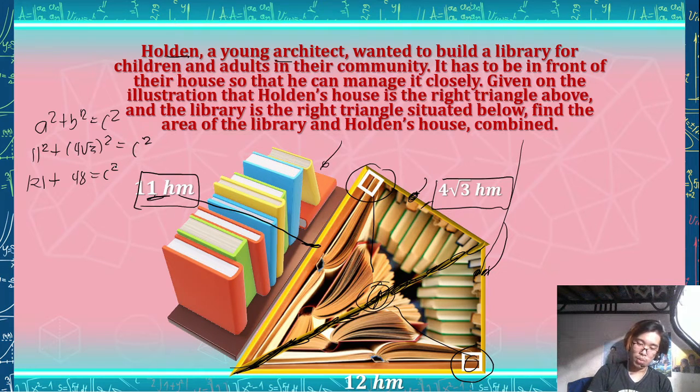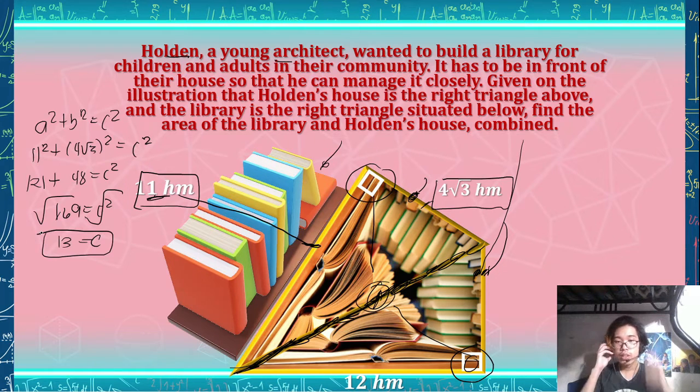So 121 plus 48 gives us 169. And what's the square root of 169? That's just equal to 13. So therefore the hypotenuse for these two right triangles is just equal to 13.